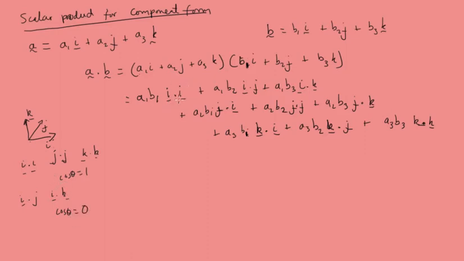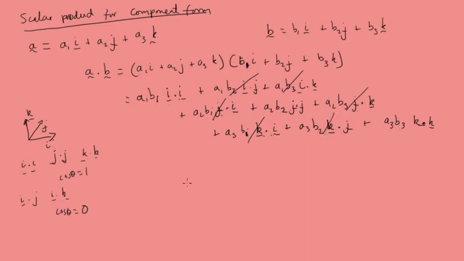So i dot i is 1, that stays. This is going to be 0, this is going to be 0. j dot i is going to be 0, j dot j is 1, j dot k is 0, 90 degrees. k dot i, the angle between them is 90, so 0. k dot j, angle between them is 90, so 0.